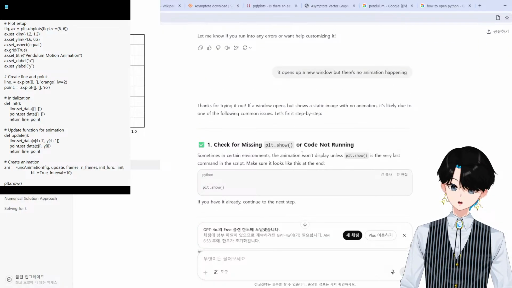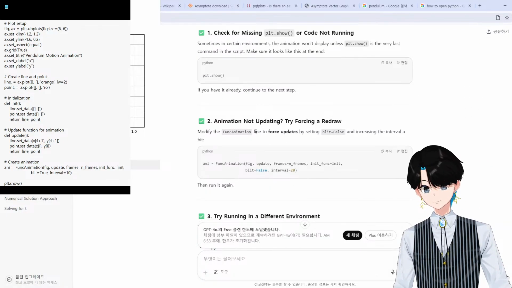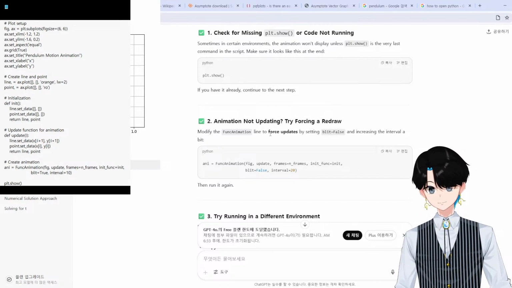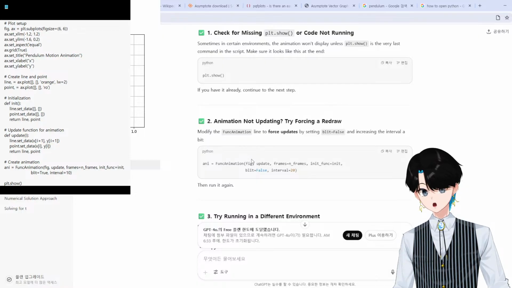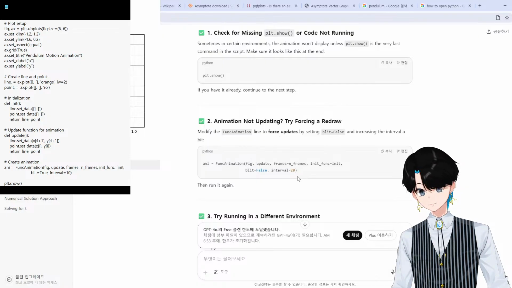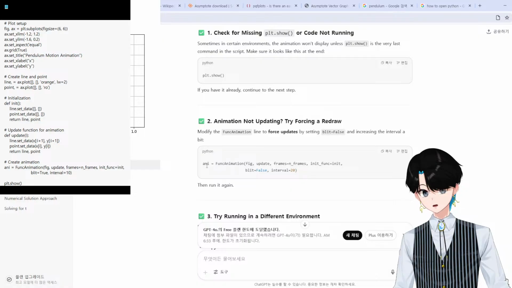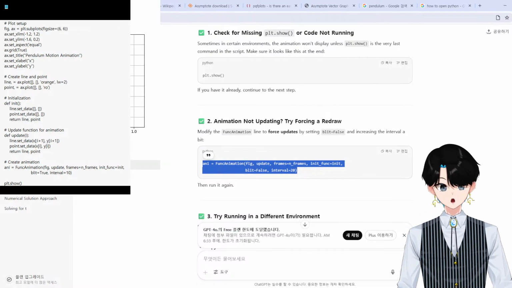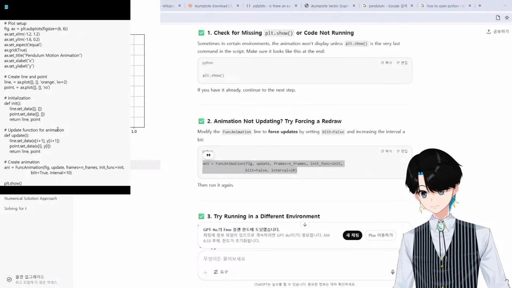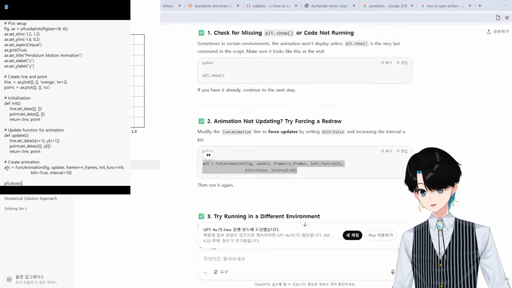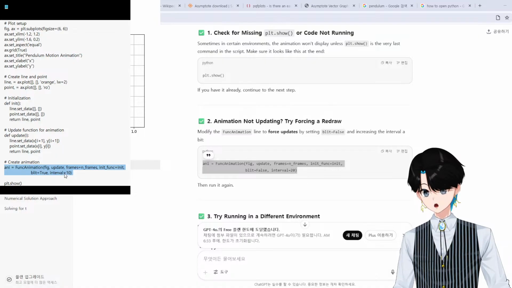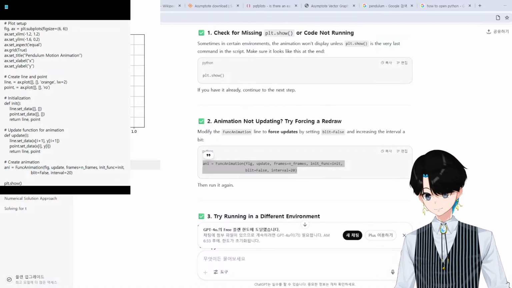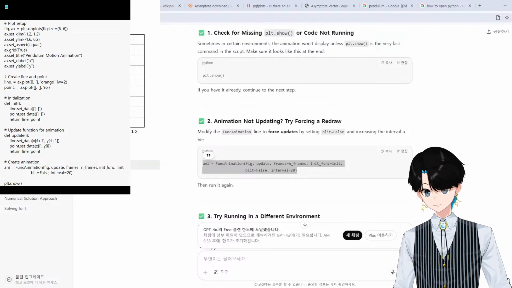Check for missing plt.show or code not running. Animation updating. Force updates by setting blit false. Run it again. Okay. And then run it again.